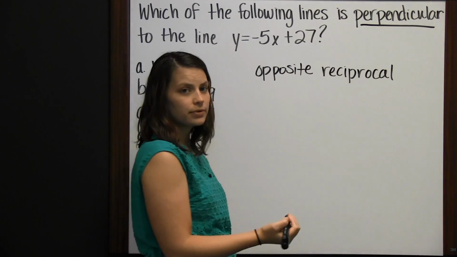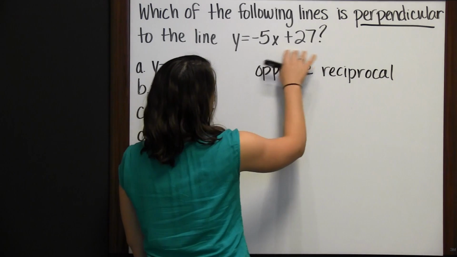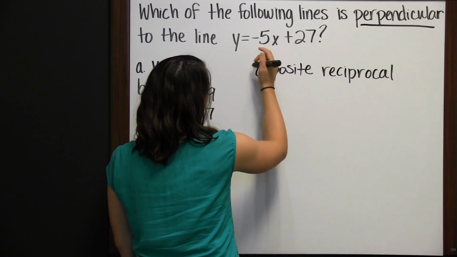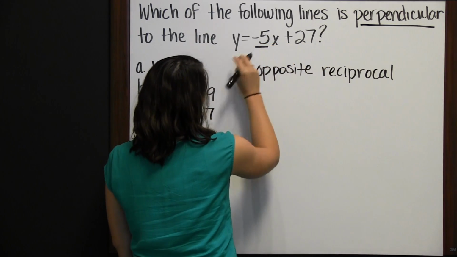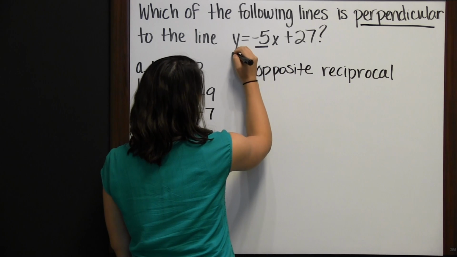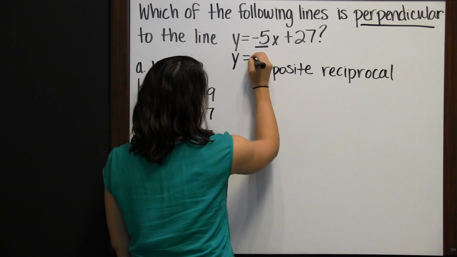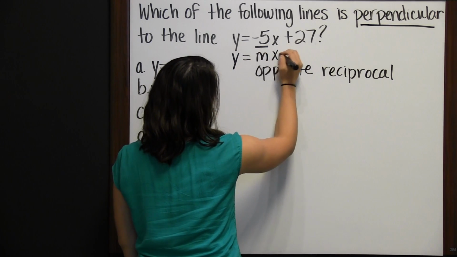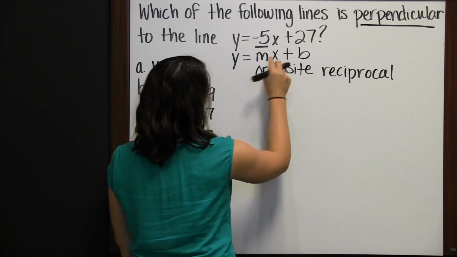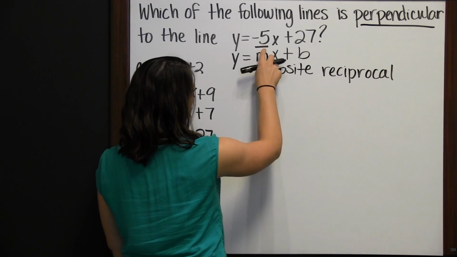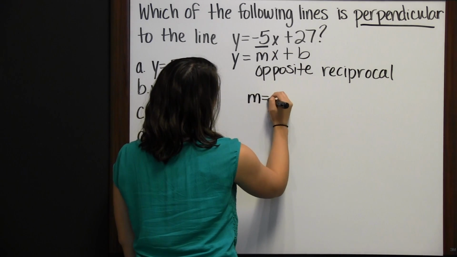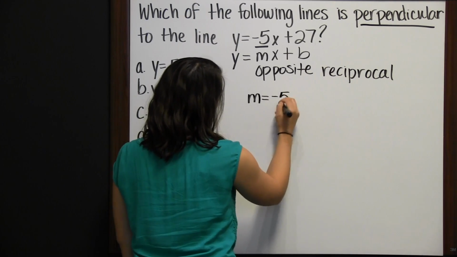The slope in this equation is negative 5. Because this equation is in slope-intercept form, which is y equals mx plus b, where the m is the slope. So the slope of this line is negative 5.